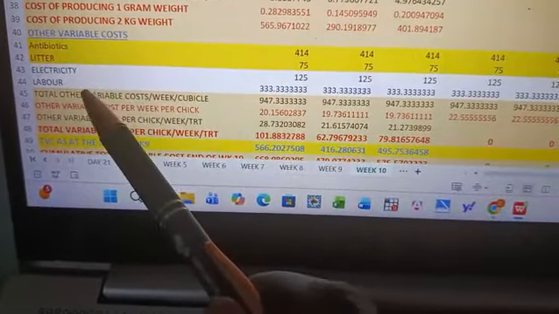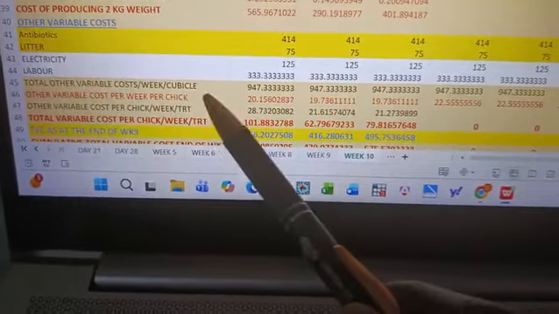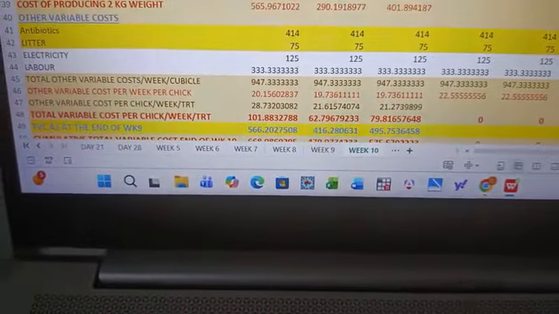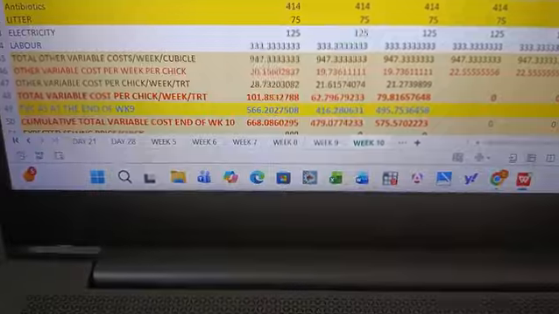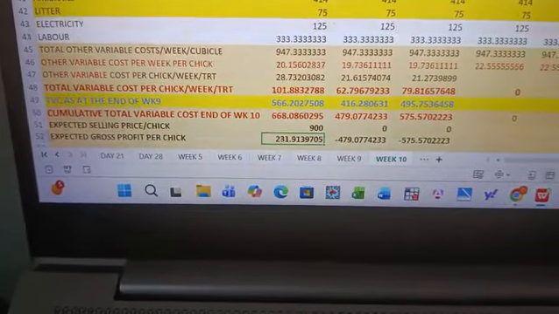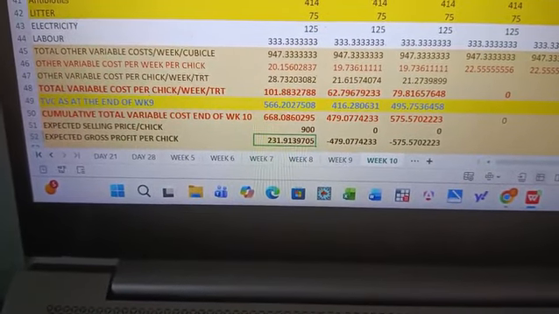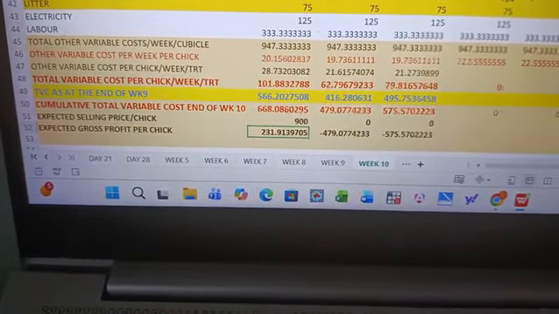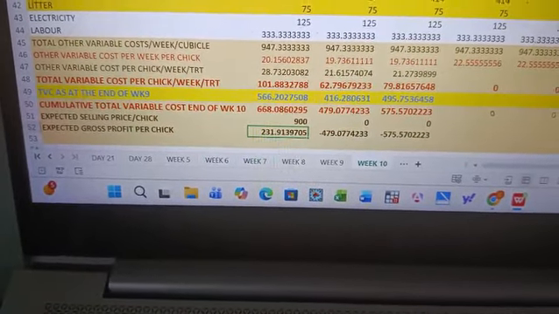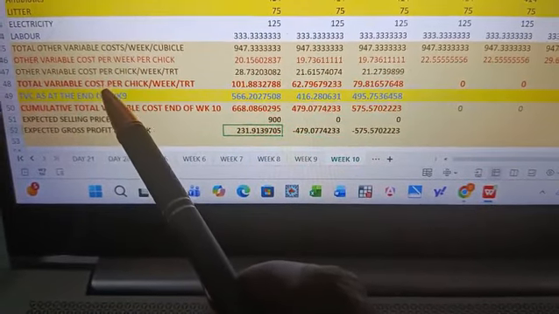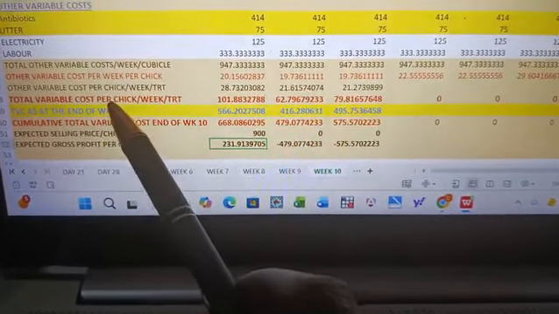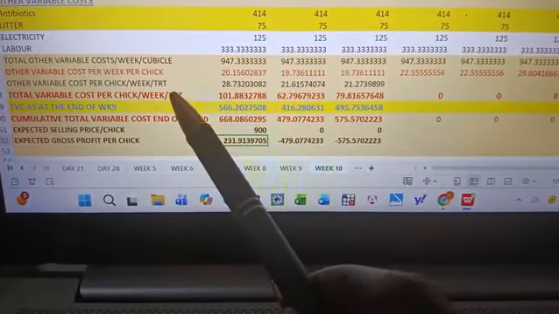Amount we spend on electricity, labor, and then finally we compute the total variable costs that were spent on that particular cubicle. And then we do it across the 3 treatments, so that we are able to see which treatment had the highest total variable. Like this is total variable cost per chick per week per treatment.